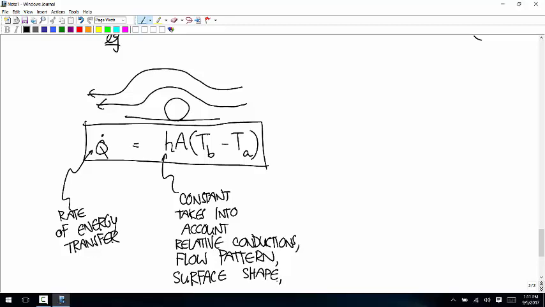There might be some other stuff, but even just that is a lot. There's no reason to think of this constant as some sort of fundamental property of a material. But if you do an experiment to try to fit this equation to the heat loss you have for your specific thing, you can use that in future.